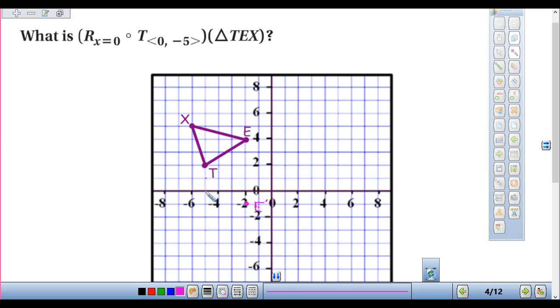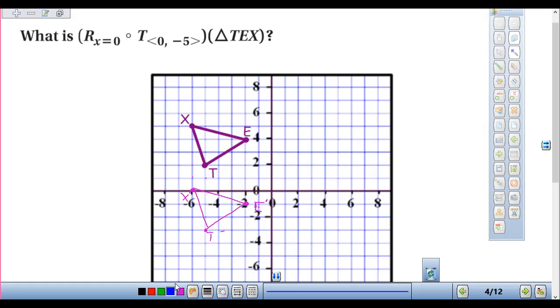T, 1, 2, 3, 4, 5, T prime. 1, 2, 3, 4, 5 is X prime. Notice how my two figures look like each other. And another thing from our quiz, if your two figures don't look like each other, you did something wrong.